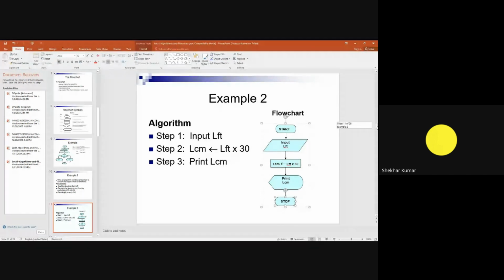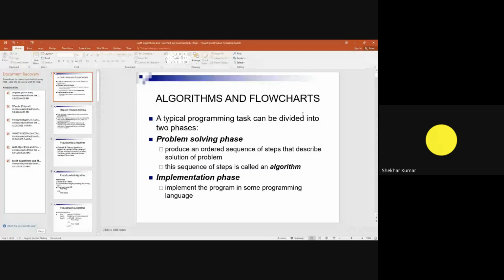There should be some characteristics of an algorithm. What should be the characteristics of an algorithm? An algorithm must be deterministic. An algorithm must be finite. There should be a finite number of steps in the algorithm.